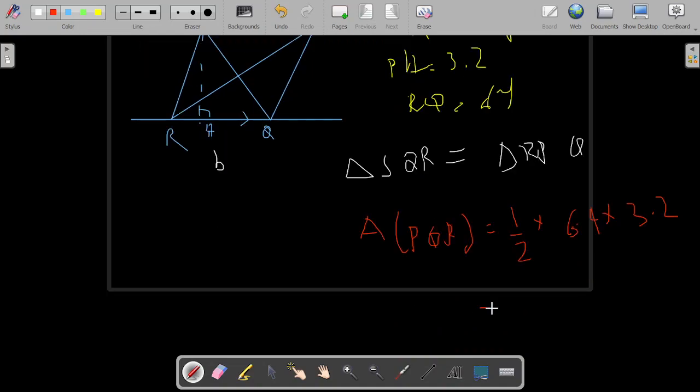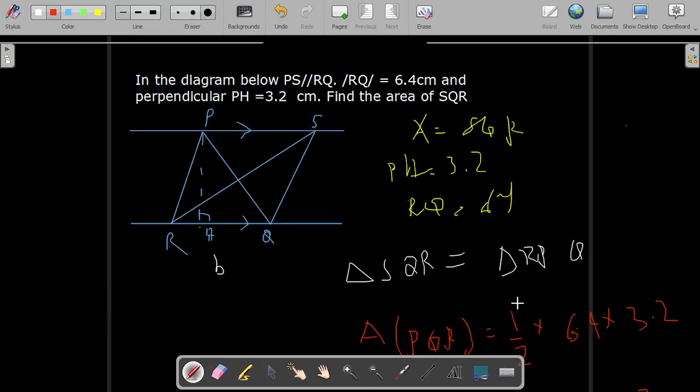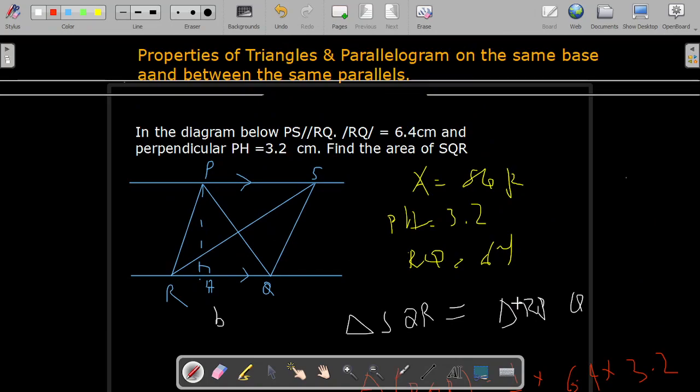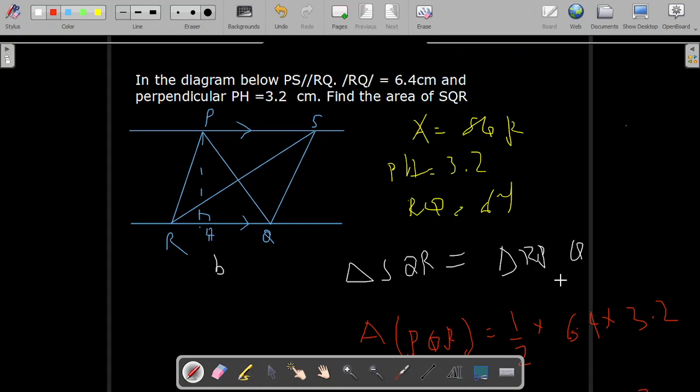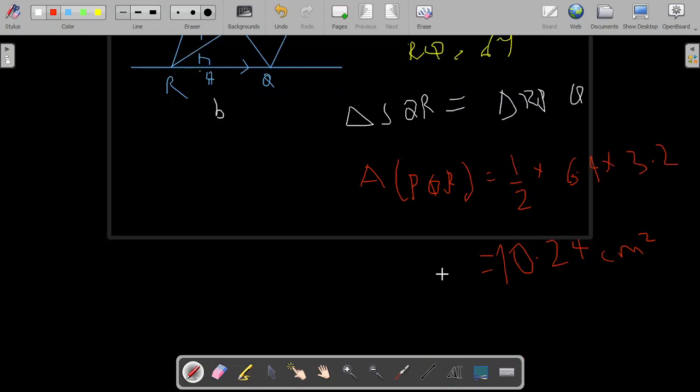So we get 10.24 on calculations, 10.24 centimeter square. So based on the rule given, the area of SQR will be equal to the area of PRQ. So here is our final answer.